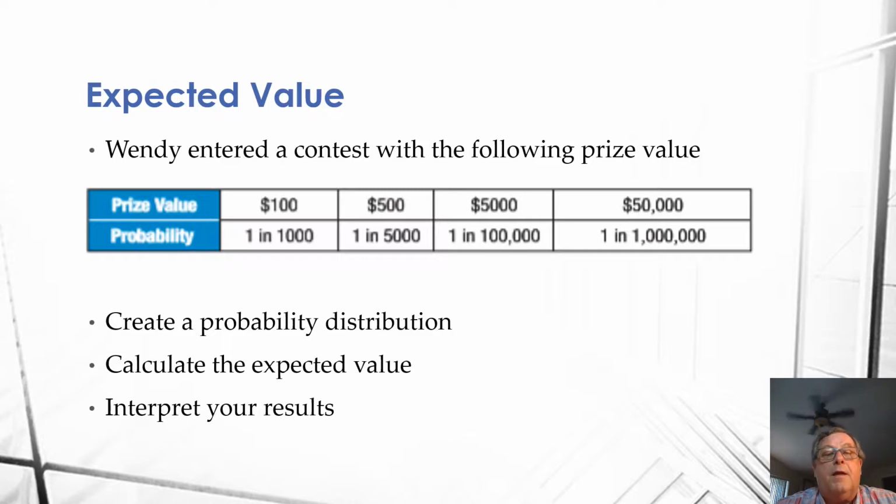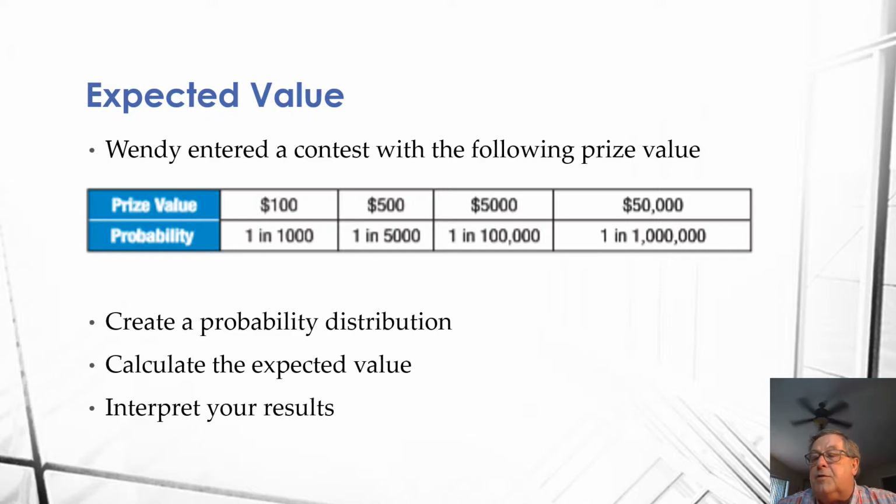In other words, you have a 1 in 1,000 chance of winning a $100 prize, a 1 in 5,000 chance to win a $500 prize, a 1 in 100,000 chance of a $5,000 prize, and the probability of winning the $50,000 prize is 1 in 1,000,000.